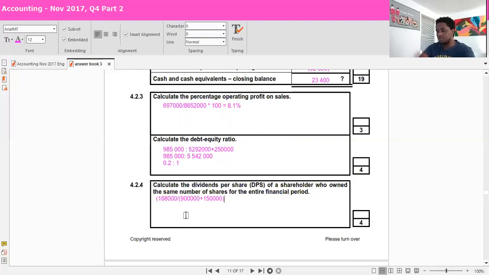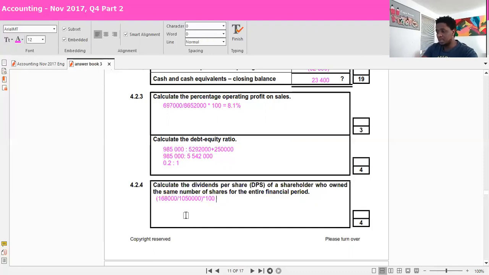To make it simple, you can save yourself a lot of trouble by not adding that amount in brackets, and just divide by 1,050,000. Then you multiply that by 100.